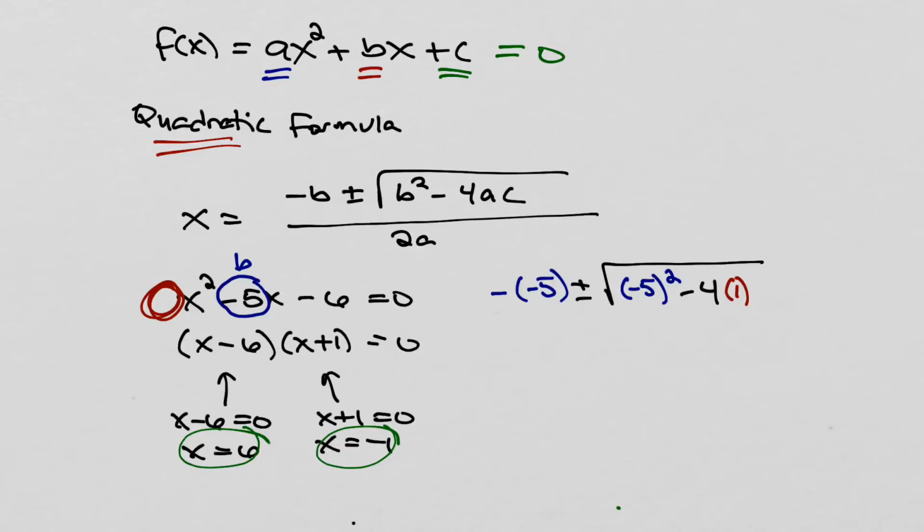And then it's times c, which in this case gives me a minus 6. Right? And then that's all over 2 times a, and remember in this case, a is 1.